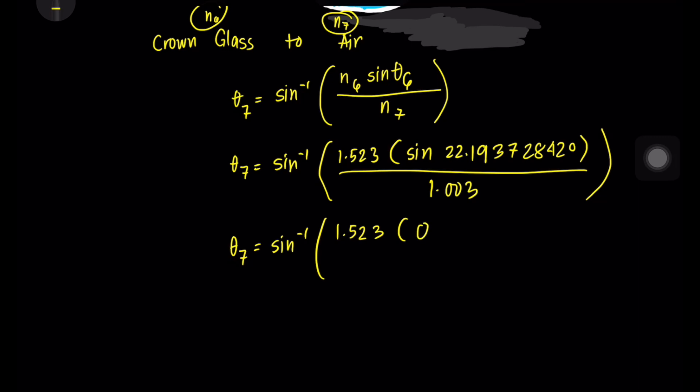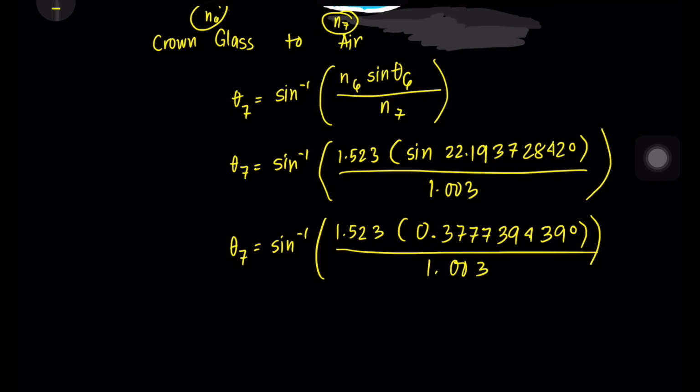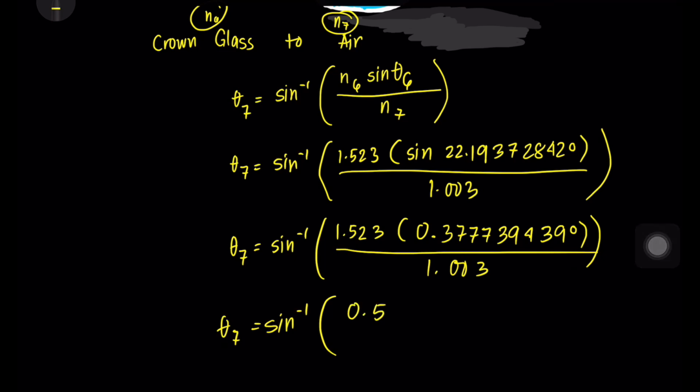We have now the value 0.377739 divided by 1.003. So that is theta sub 7 equals sine raised to negative 1. Then we get the product of these two, that's multiplied by 1.523, and we have our answer 0.575297156.